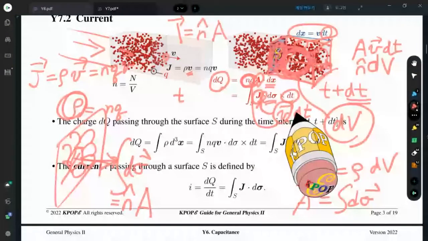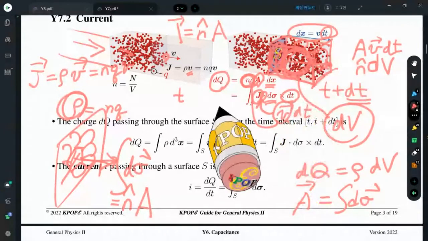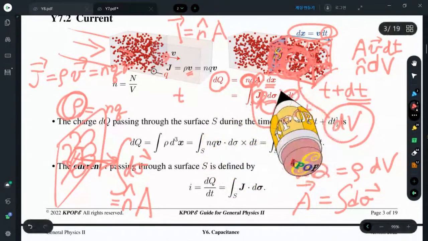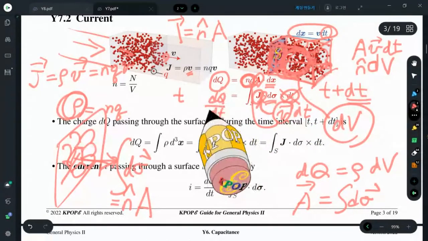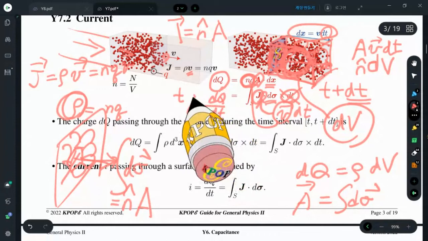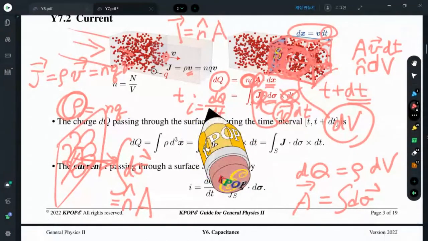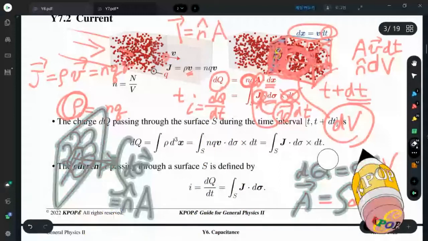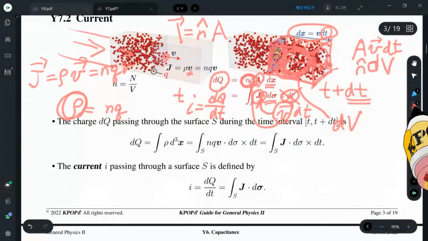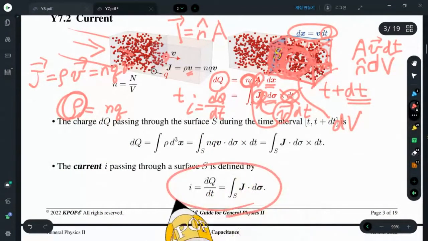We divide both sides by dt, then the dt will be erased and we have dQ over dt, and you know very well this is the current. So finally we have reached this point.